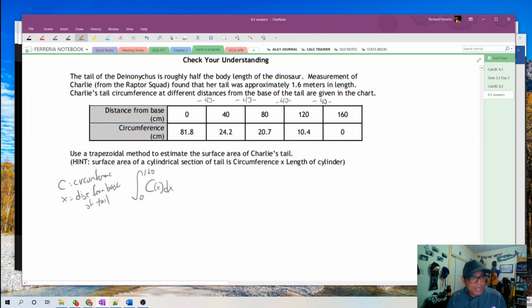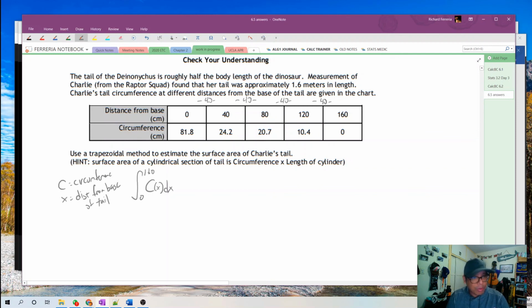So c of x dx would be circumference multiplied by change in distance. It would be an expression that gives me an estimate for the surface area of one section of Charlie's tail.